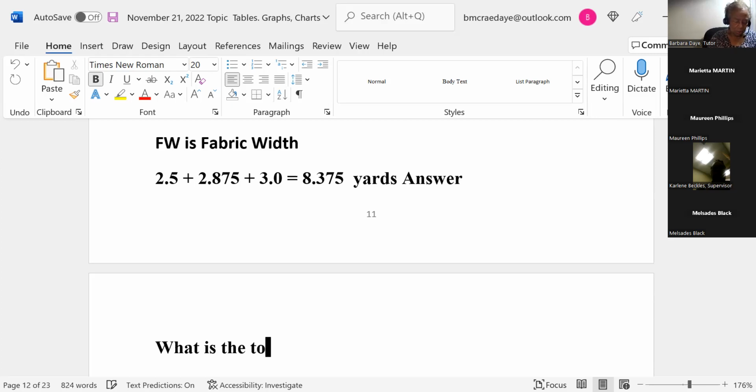What is the total fabric for style A? And let me give you the fabric size here.